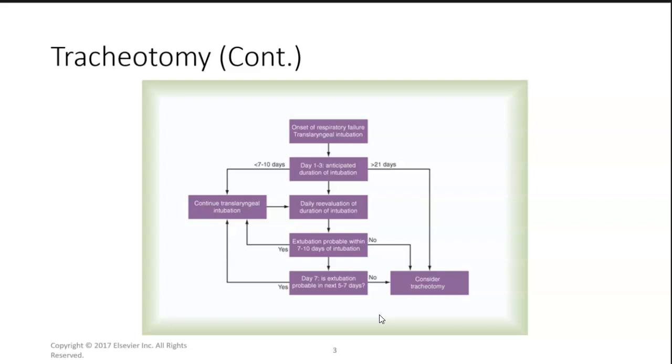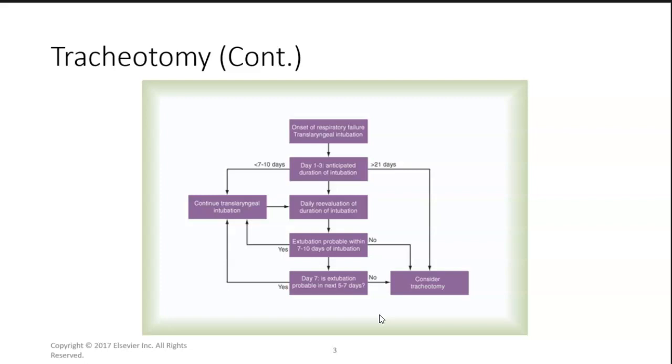But we also will do a tracheotomy when the patient demonstrates that they're going to need long-term ventilatory support. So typically when patients are intubated, they're intubated for about 3 days. If it starts getting longer than those 3 days, then we're going to start looking at potentially tracheing the patient.